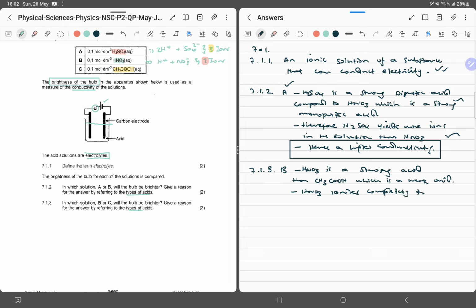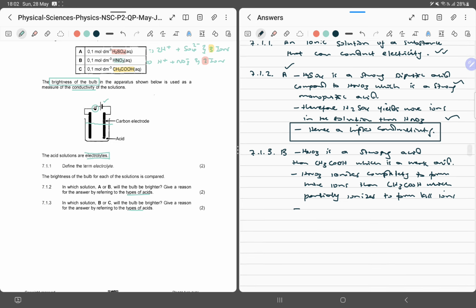completely to form more ions than CH3COOH, which partially ionizes to form less ions.